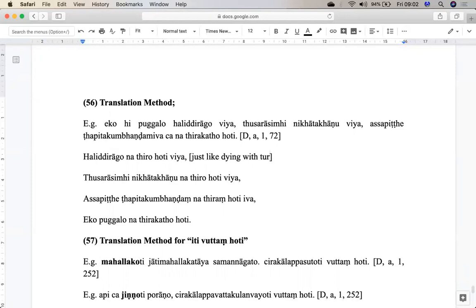Okay, how to spell turmeric? Turmeric. Okay. Yes. It's not found.